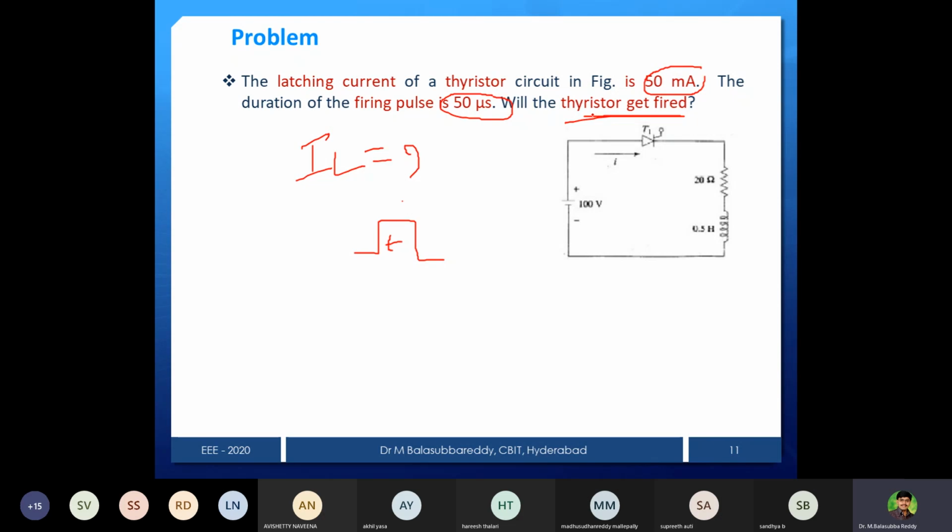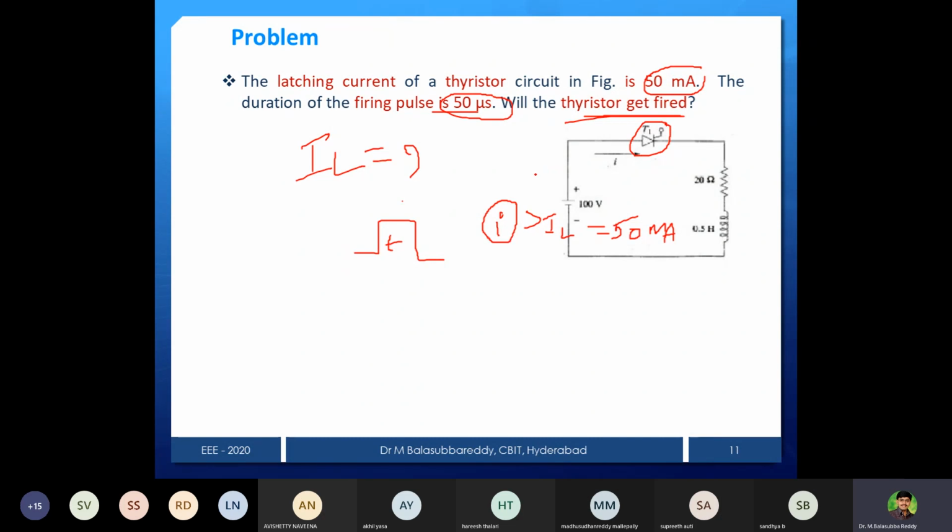What is the condition? If you give this much duration, you must find the anode current. If the anode current is greater than the latching current, which here is 50 milliamperes, then only the thyristor is going to be fired.